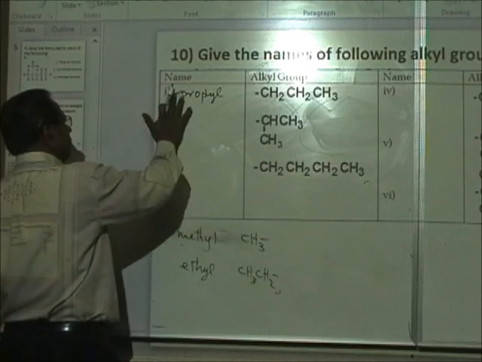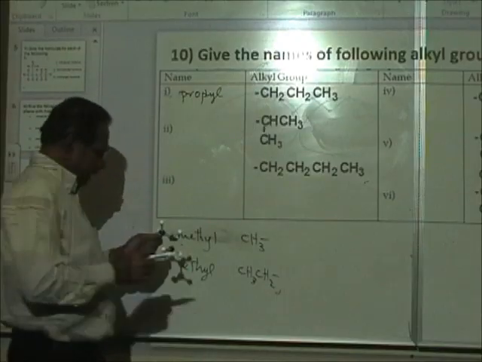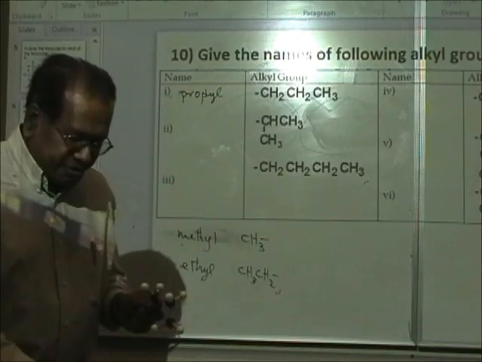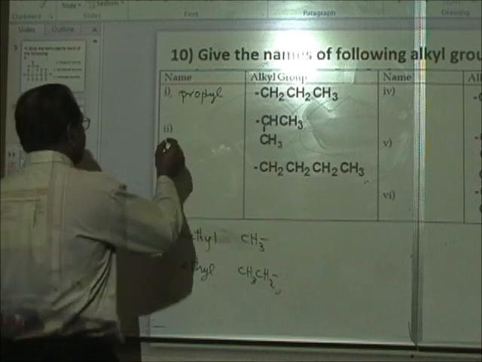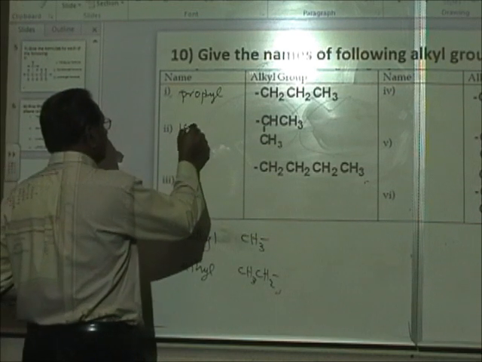Sometimes we call it N-propyl, but propyl is enough. Now if you pull the hydrogen from the secondary carbon atom, we could have called it sec-propyl, but we use a different name. We don't call it sec-propyl. We call it isopropyl.